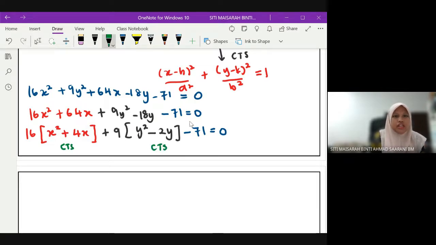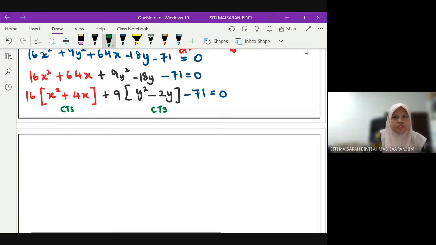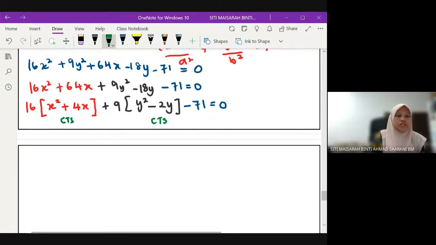Okay, so then kita buat CTS untuk x dulu lah. So jadi 16 kat depan ni kena salin. We copy 16, then we completing the square untuk x. So sini x square plus 4x. So dia akan jadi bracket x, tengok kat sini. Sini plus 4.